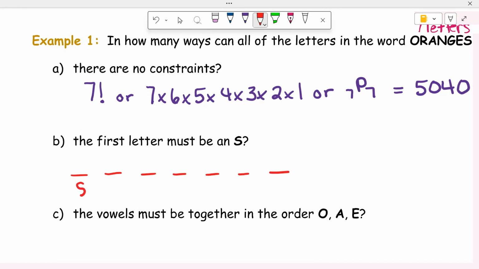So if the first letter must be an S, that's a 1, and then times 6. And could I just say 6 factorial would be my answer? You could. I just like showing, so why is it 6 factorial? Where did the other letter go? As soon as there's restrictions, I like laying it all out so I can see the things that disappear when they get multiplying.